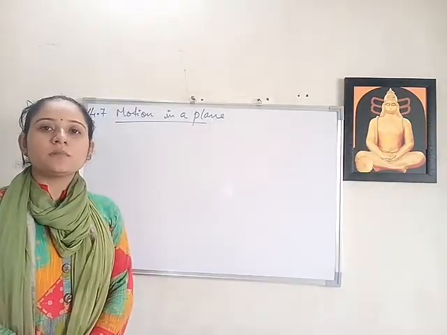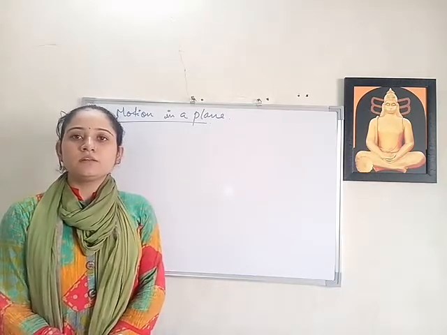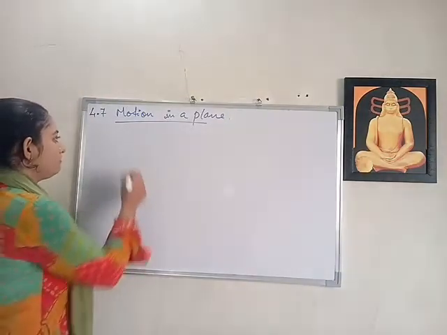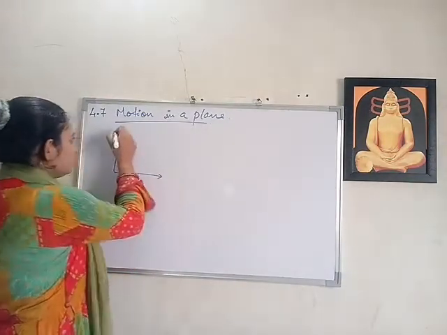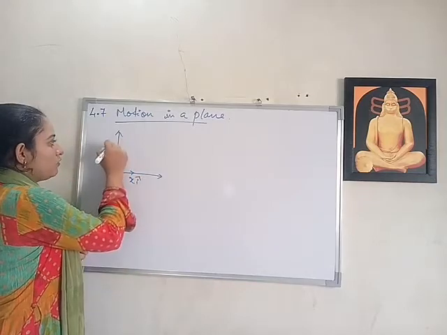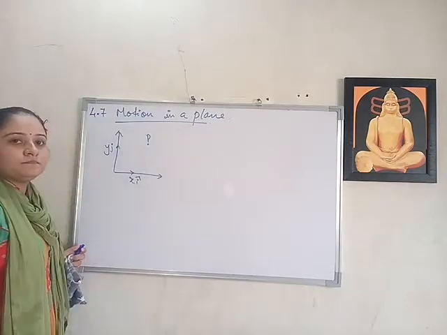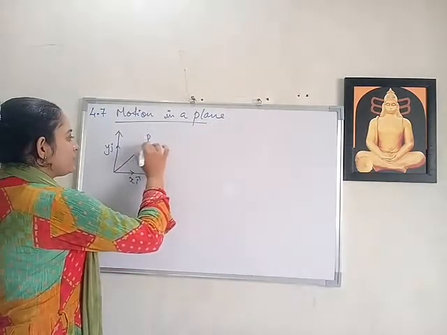Now topic number 4.7, that is motion in a plane. We will consider a two-dimensional plane having components x i and y j with a point P and the position vector r.